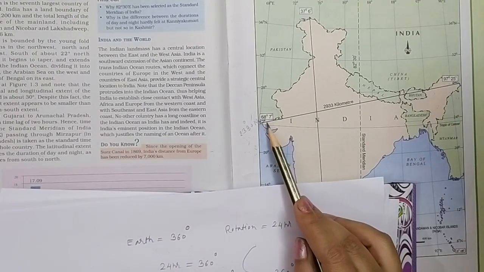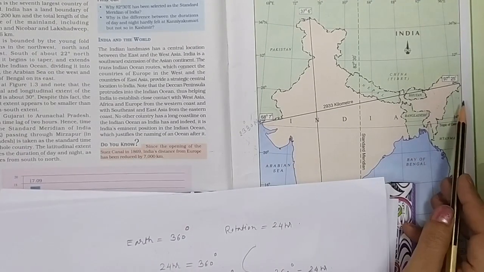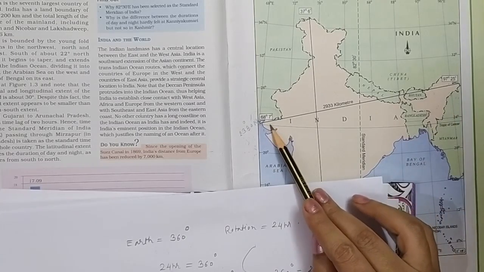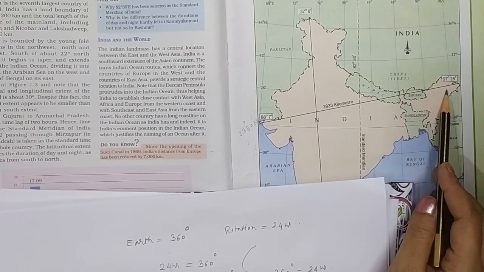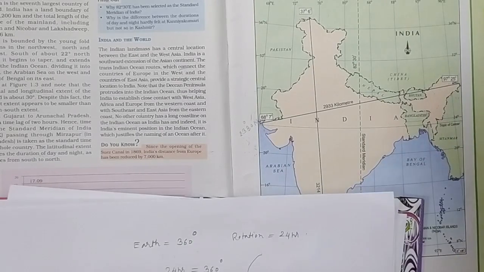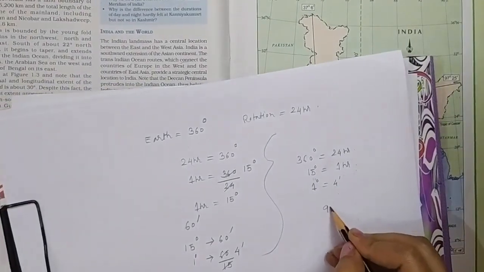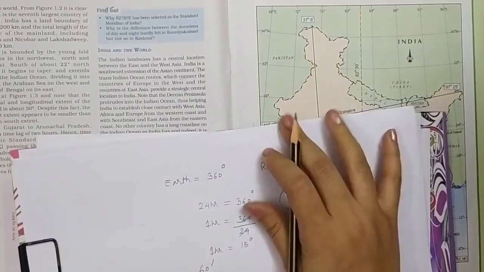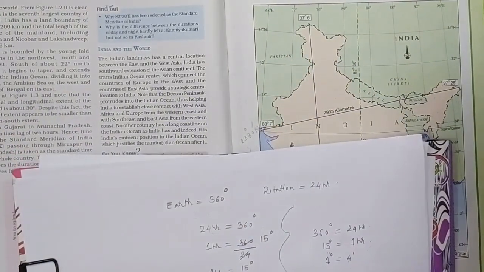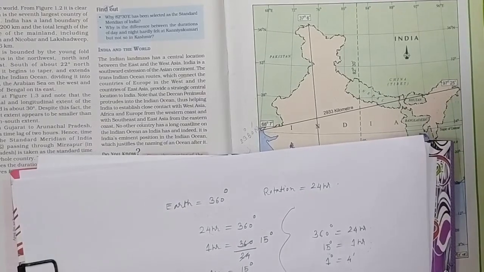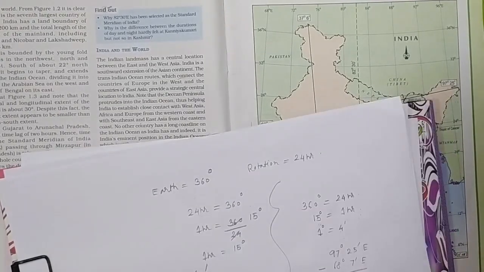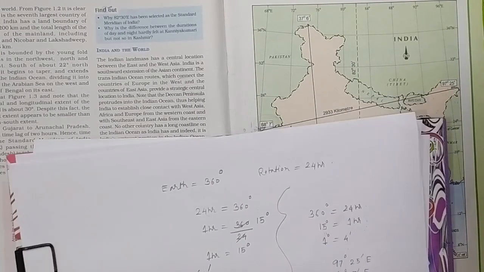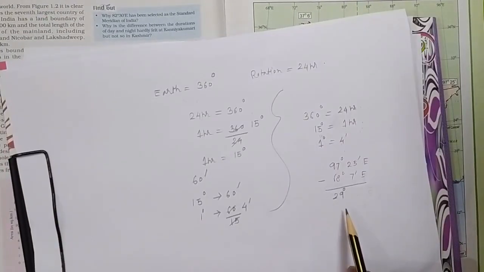The longitudinal extension: Gujarat is 68 degree 7 minute east, and Arunachal Pradesh is 97 degree 25 minute east. So the difference between the two places is almost 29 degree, meaning in round figure 30 degree.